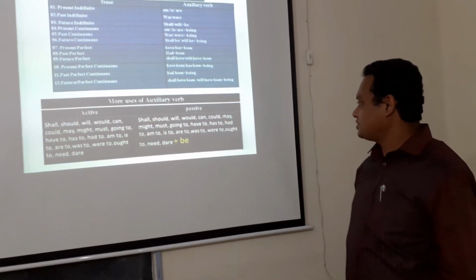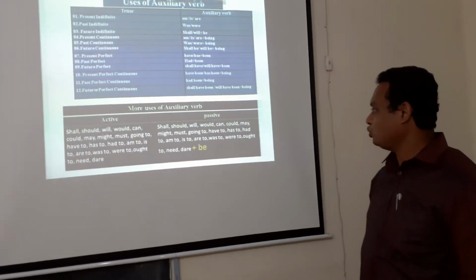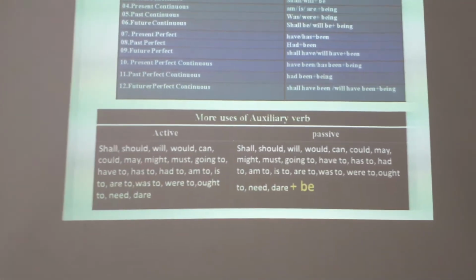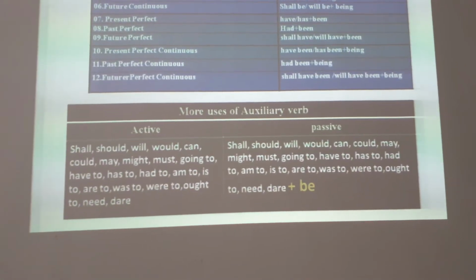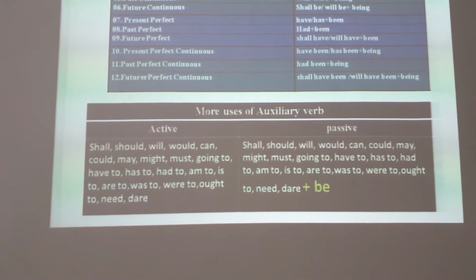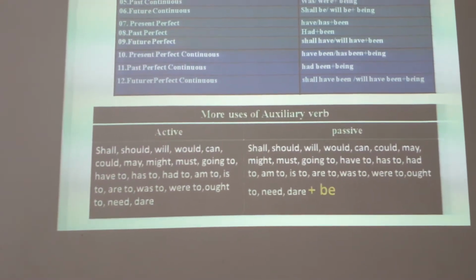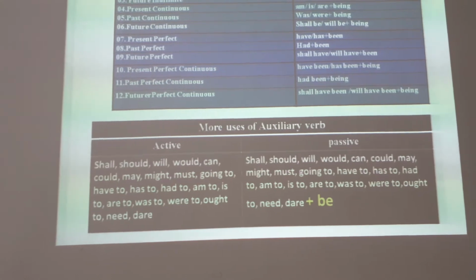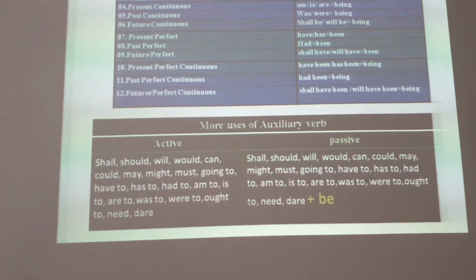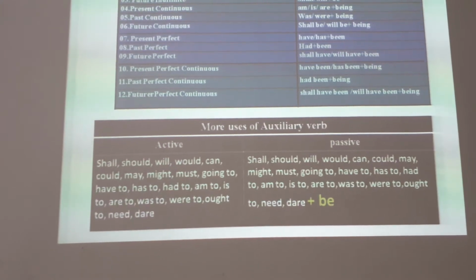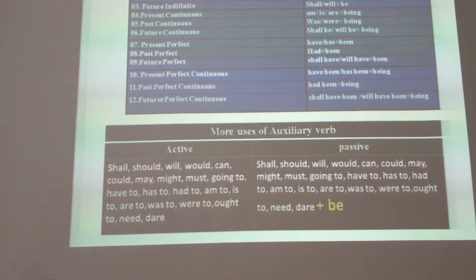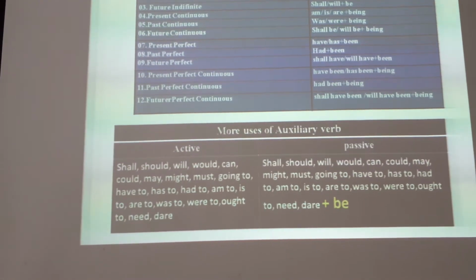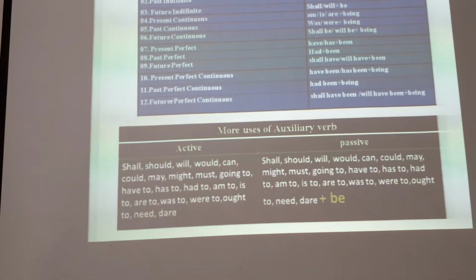In an active sentence: shall, should, will, would, can, could, may, might, must, going to, have to, has to, had to, am to, is to, are to, was to, were to, ought to, need, dare. They will be in a passive sentence. Be is added with those modal auxiliaries: shall be, should be, will be, would be, can be, could be, may be, might be, must be, going to be, have to be, has to be, had to be, am to be, is to be, are to be, was to be, were to be, ought to be, need, dare.